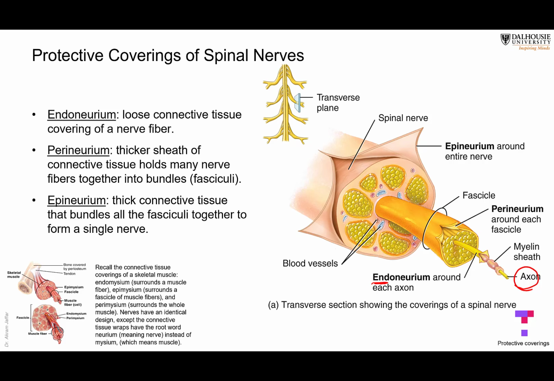And then the fascicle is surrounded by a perineurium instead of a perimysium. And then the entire nerve is surrounded by epineurium instead of epimysium of muscle. If you go back to the lecture on the histology of muscle, you will find the same prefixes, but the only change is that we replace mysium with neurium.